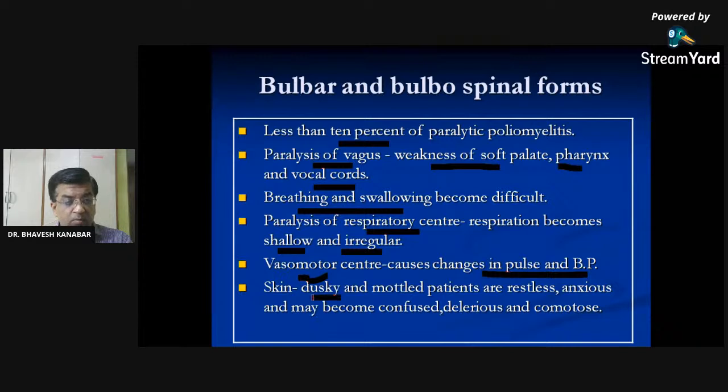Skin is dusky. Anxious, may become confused, delirious, and comatose.